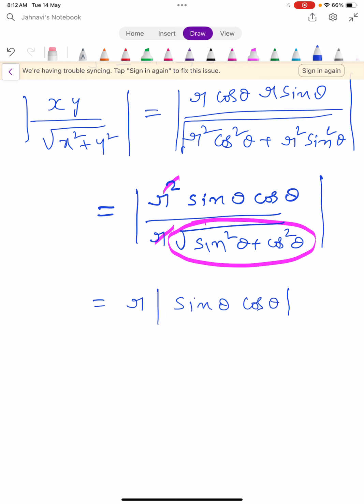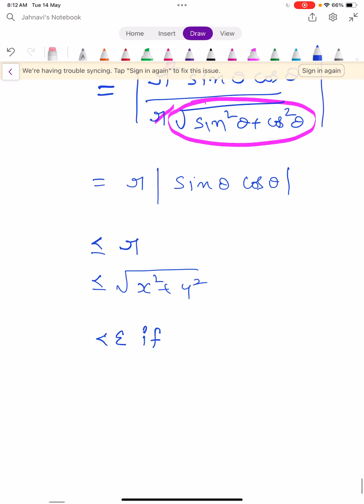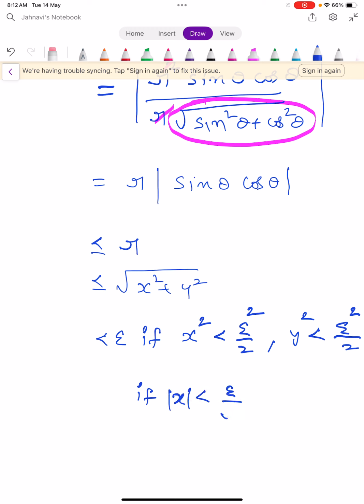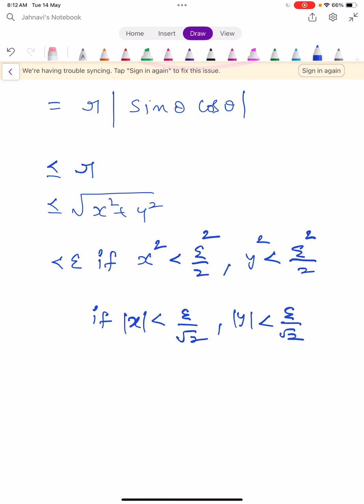Both sin and cos are less than or equal to 1, so this is clearly less than or equal to r, where r means square root of x square plus y square, which is less than epsilon if it satisfies the condition x square less than epsilon square by 2 and y square less than epsilon square by 2, that is, mod x is less than epsilon by root 2 and mod y is less than epsilon by root 2. It's very simple by removing the square roots.